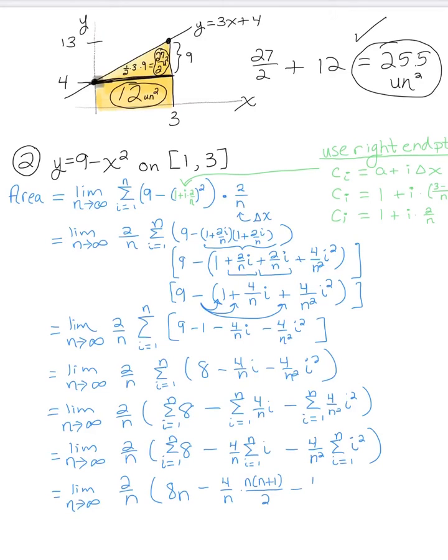And then the last term here, the 4 over n squared is the multiple. And the sum of the squares, if you remember that one, that was our n times n plus 1 times 2n plus 1 all over 6.